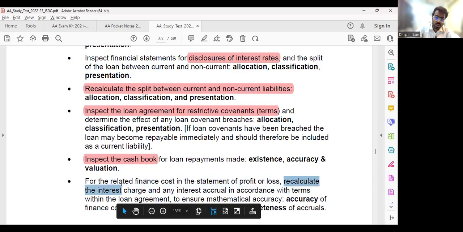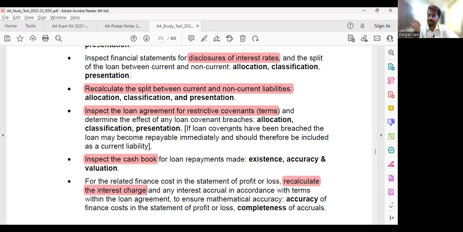What are you doing? You're recalculating the interest amount. For that loan, the company might be paying interest, right? So recalculate the interest amount. Recalculation is one of the substantive procedures. In RIO CAR, the first R is recalculation, where you're doing calculating work.